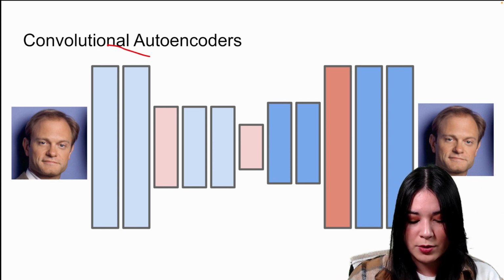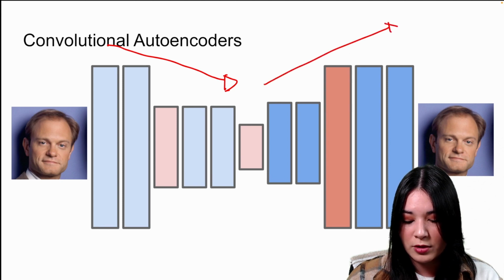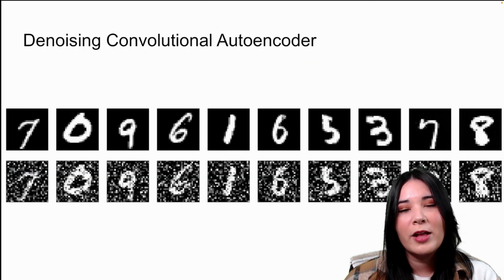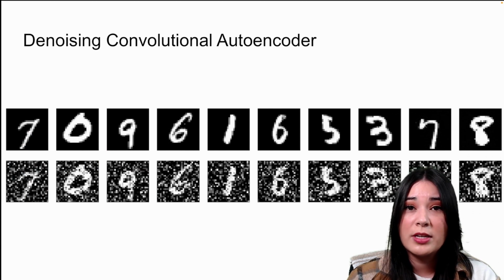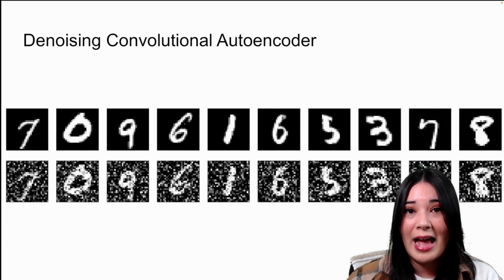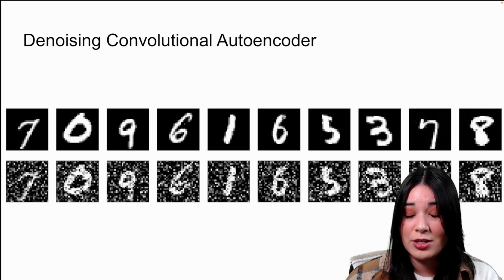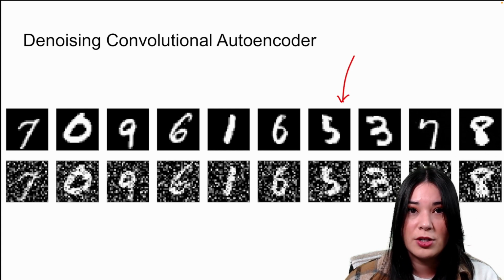Because, of course, we're going to use convolutional layers to compress our image, and then those transpose convolutional layers to uncompress it. And we can apply all the same concepts that we talked about with typical autoencoders to convolutional autoencoders. For example, with these MNIST digits, we could actually take them, add a little noise to the image, send those through the network, and ask it to return the unnoisy images to us.